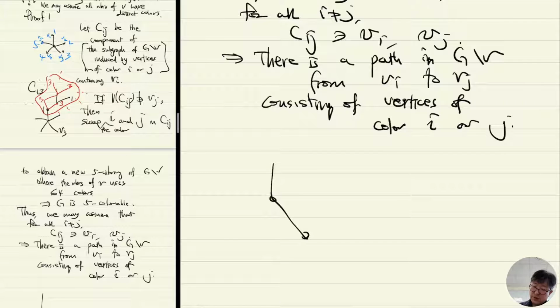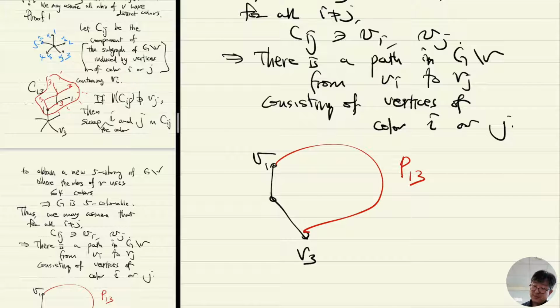So V1 and V3, you have a path P13. Okay, so this path is called the Pij. All the vertices of this path have color 1 or 3. And similarly, there is a path P24.